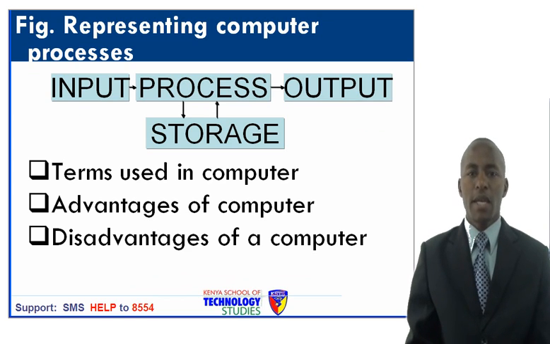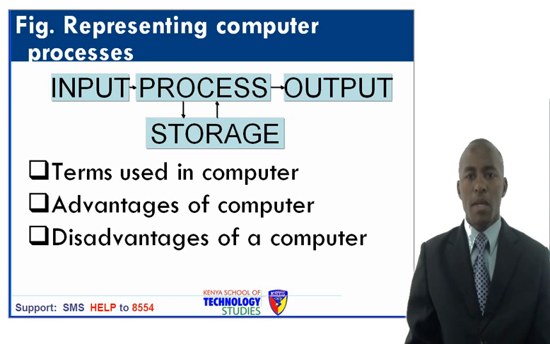Once the data has been entered into the computer, that is the input, the data is processed, and then finally we have the output in the form of information. Later on, one can store or save his or her data in the computer by using one of the storage media.